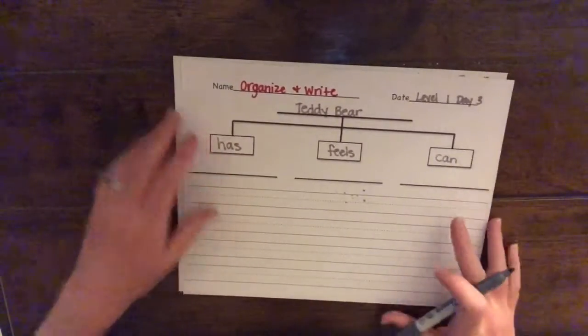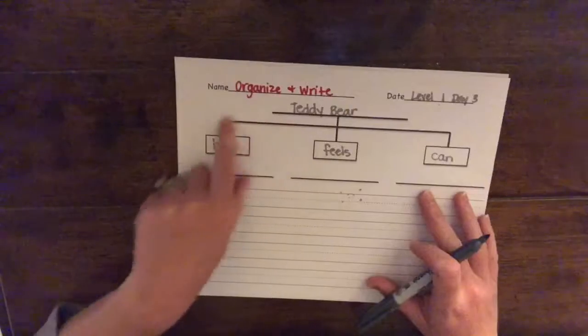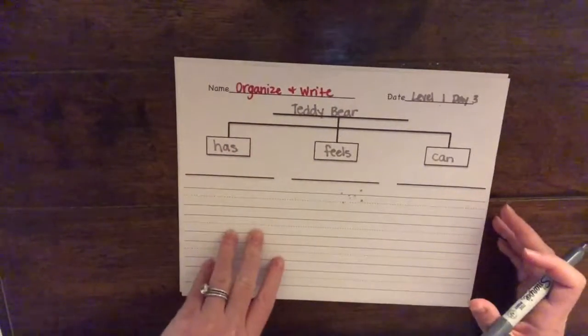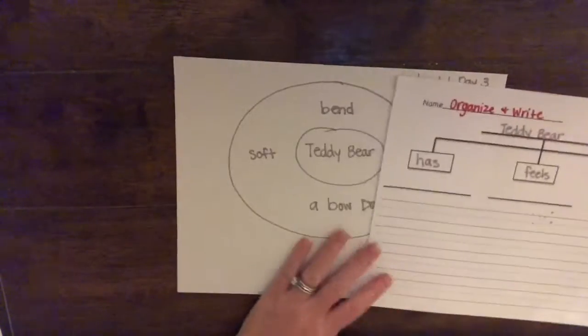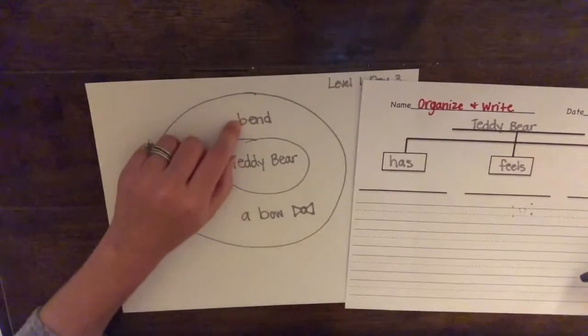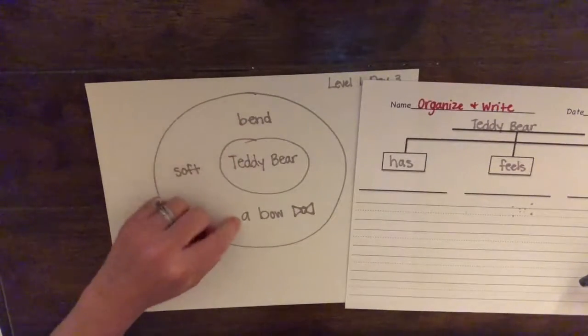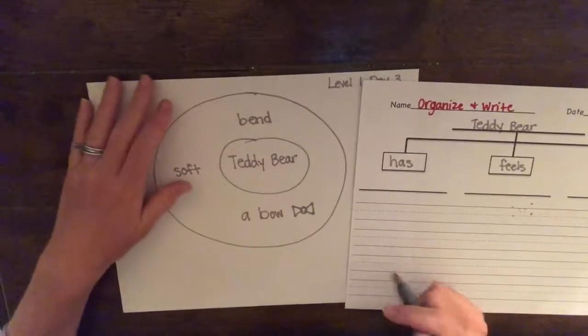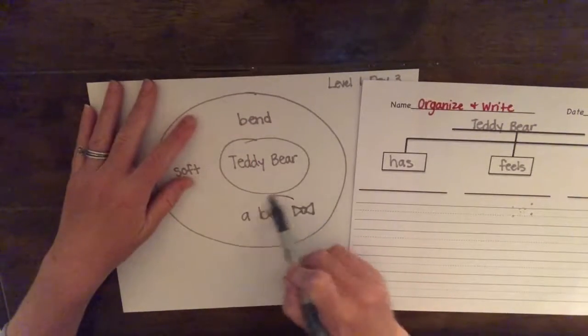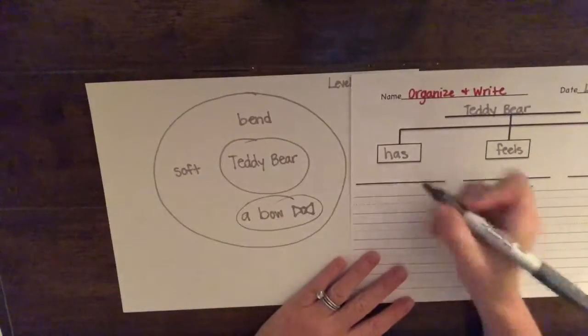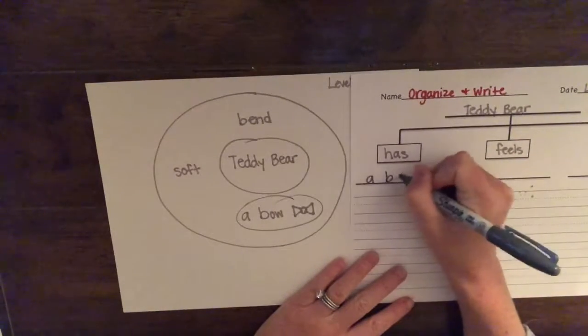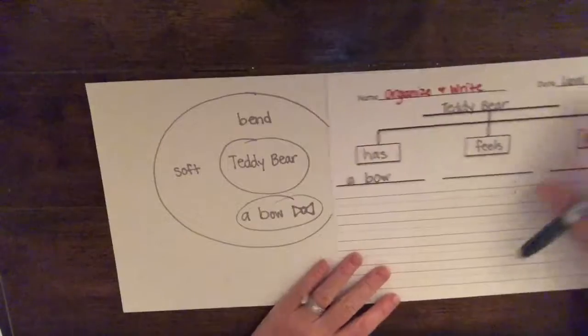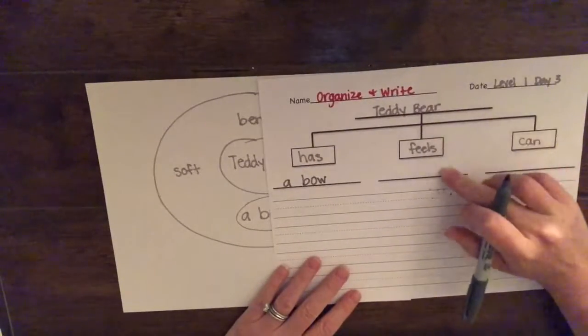So then you would say, okay, let's see, teddy bear has, which word made sense? What did we pick from our circle map for teddy bear has? Should you put teddy bear has bend or teddy bear has a bow? They now might have memorized this, so they've seen it for 2, now 3 days. So then you would say, okay, teddy bear has, and the learner writes a bow. All right, now our next one, teddy bear feels.